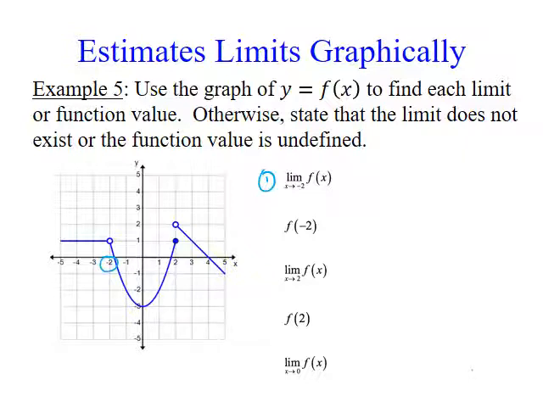When I look at this, I want to make sure that as x approaches -2 from the left, and x approaches -2 from the right, those meet up. Even if the function is undefined there, they still meet at the same place. And that intended height is 1. So this limit is equal to 1.